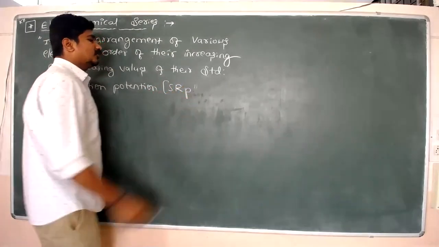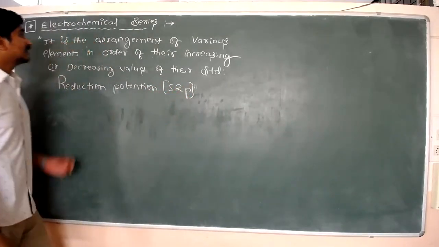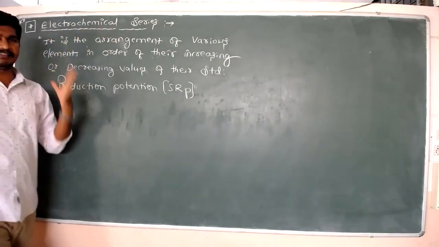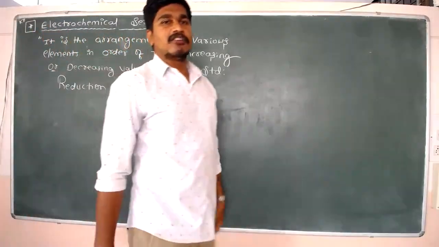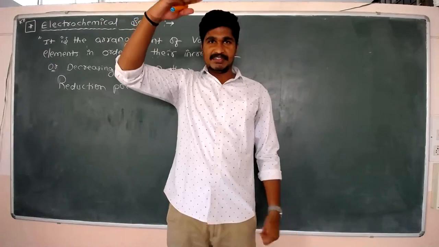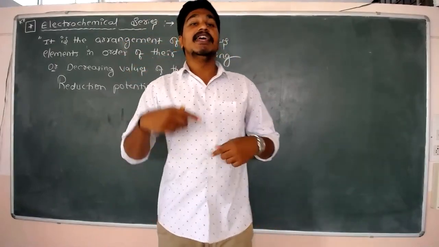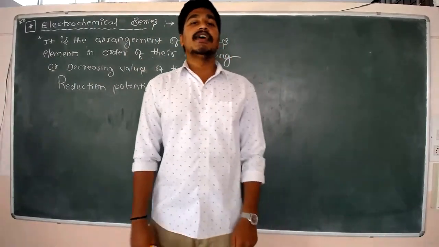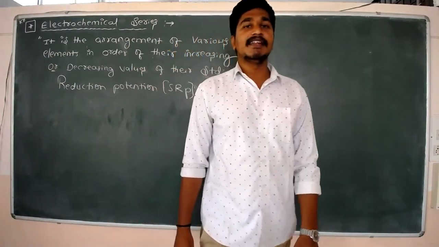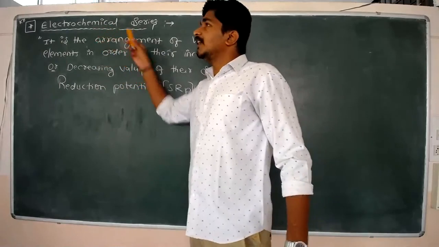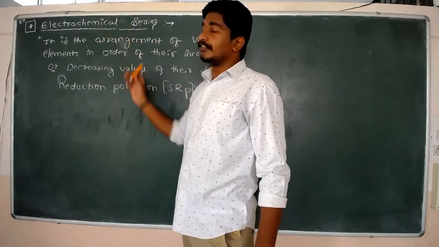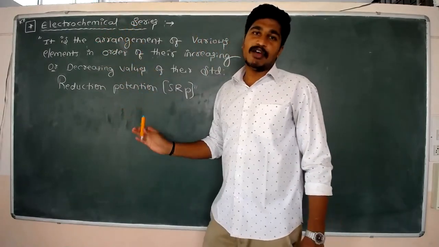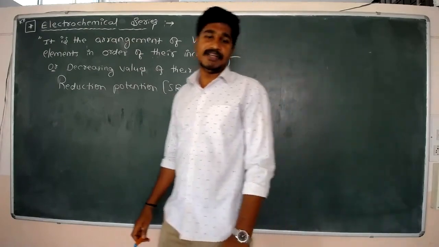That particular series is called the electrochemical series. Just remember, various elements are arranged in increasing or decreasing order of their SRP values. This is the series which indicates the SRP values of the various elements.